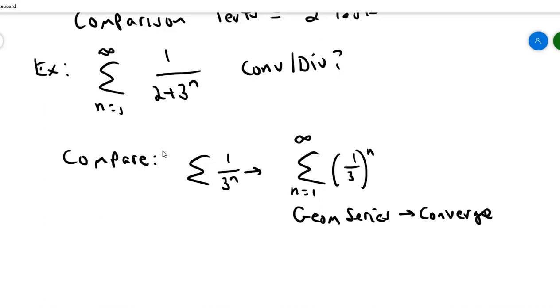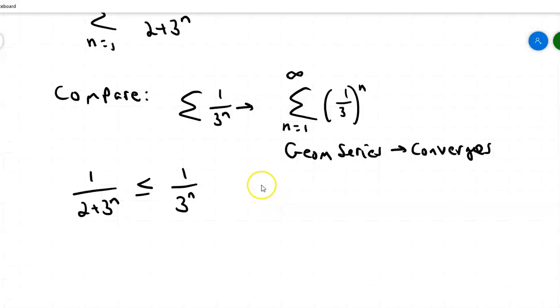The question is, how does it compare to the original series? How does 1 over 2 plus 3 to the n compare to 1 over 3 to the n? As I add terms to the bottom of this, that one's going to get smaller. So it looks like the comparison works that way. That 1 over 3 to the n will always be bigger than my original series. So if the larger one converges, therefore the smaller series must also converge.